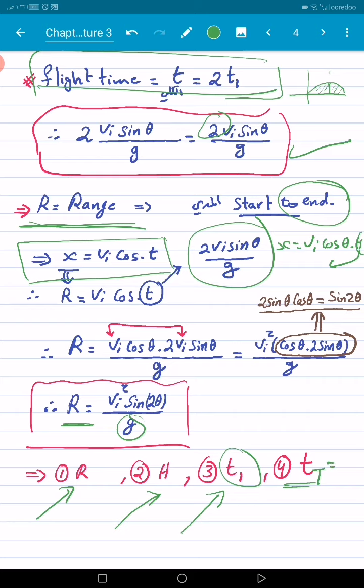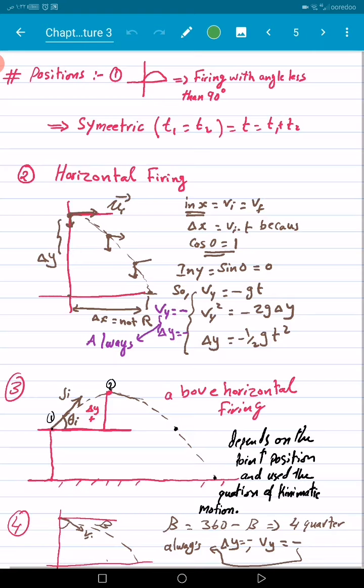Those are the important things, and please try some exercises to prove and calculate using these equations.